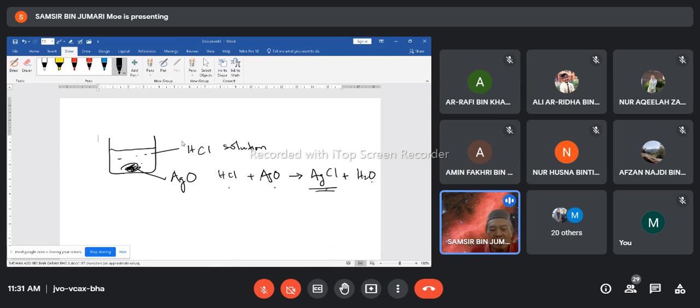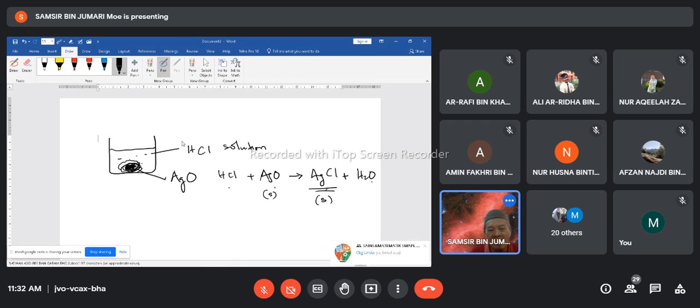Silver chloride is a solid. When the silver chloride is formed, the formation of the silver chloride will cover the surface of the silver oxide.